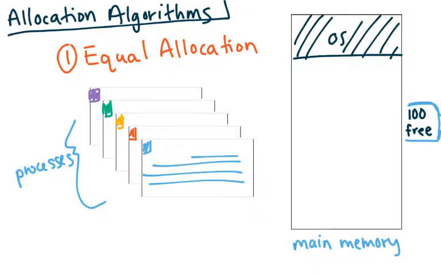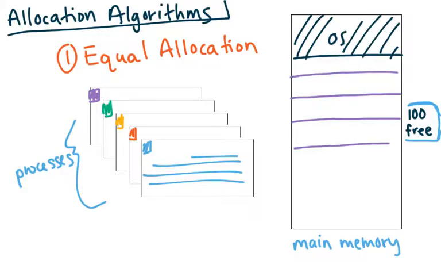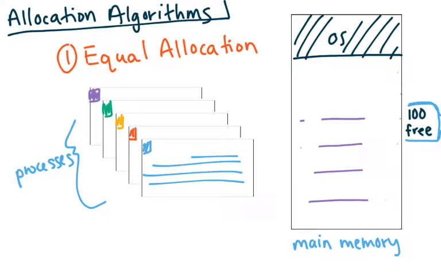I've already blocked out my OS, but I have 100 more free. I only needed 5 processes, so that means that each one of these processes is going to get 20 frames allocated to it.